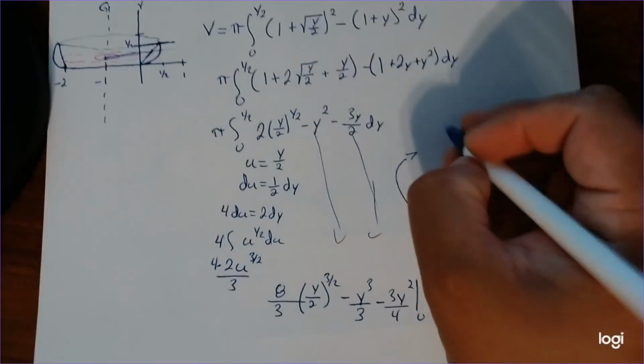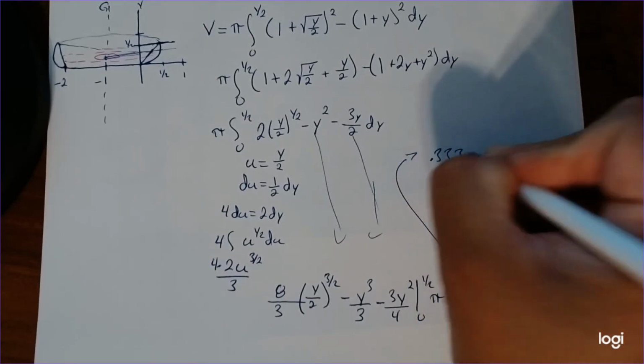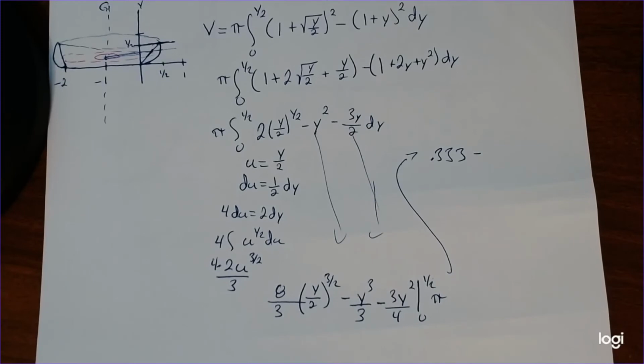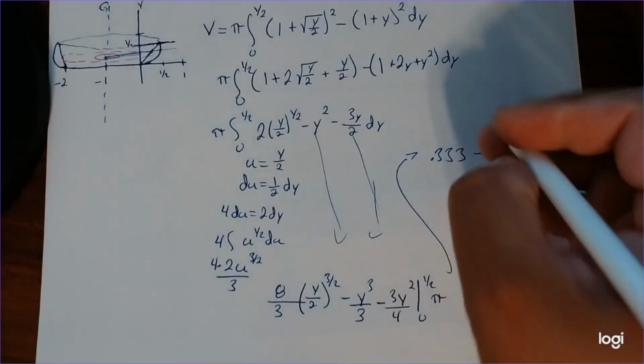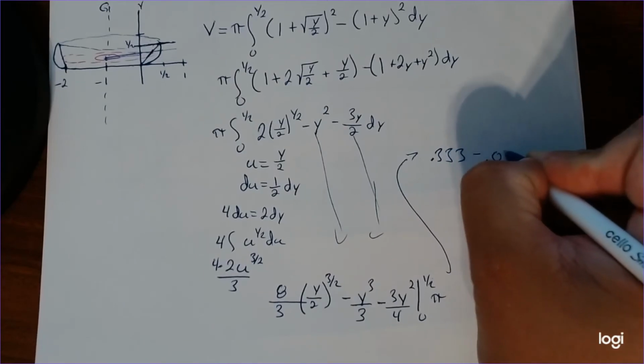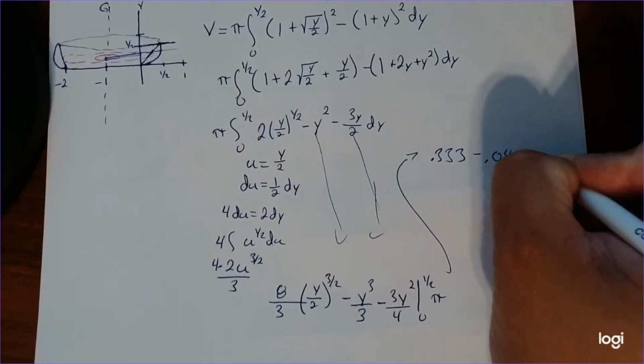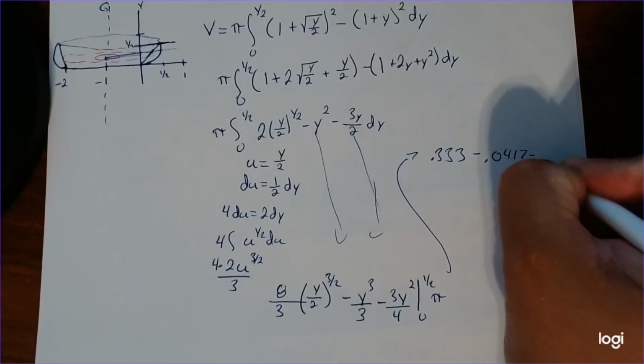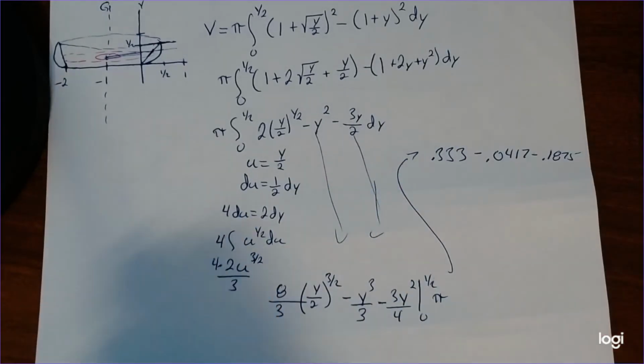Okay, so this will be 0.333 minus, let's see what we get here, 0.0417, and then minus 0.1875, and then we just do all those.